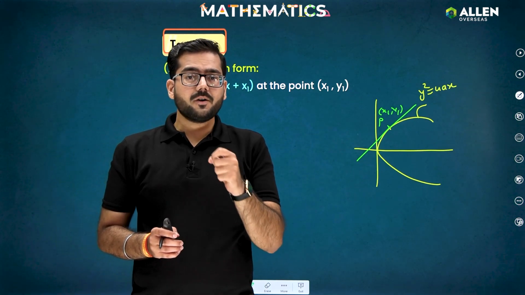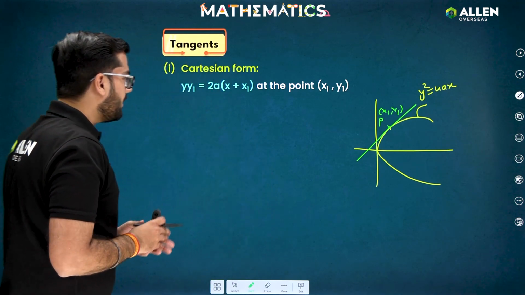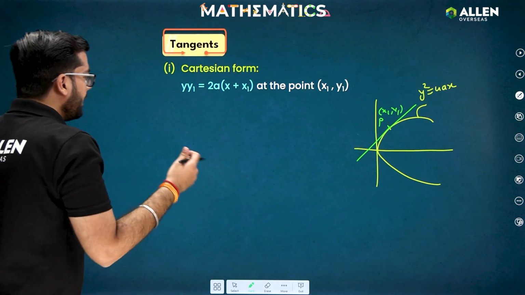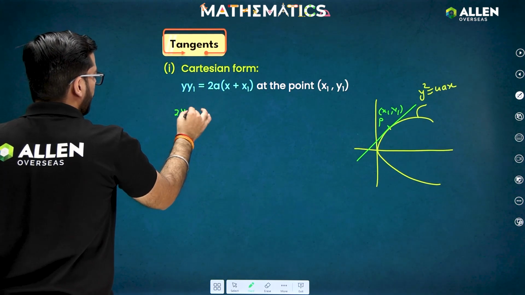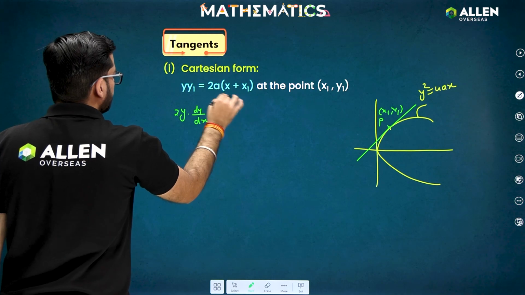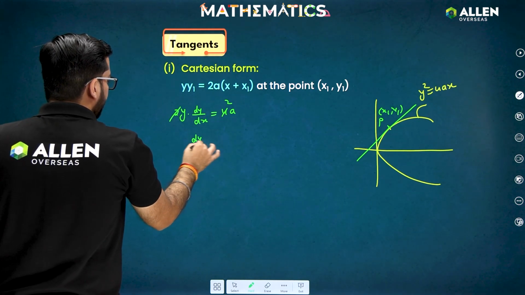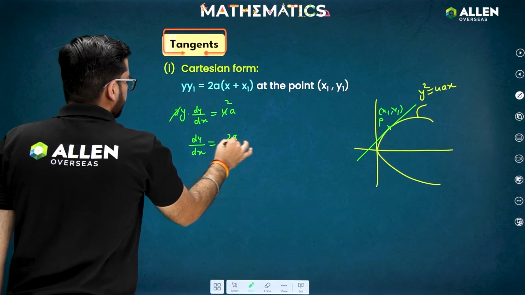So we need to do the work for the slope, and we can do it very easily because we have one concept, that is y square is equal to 4ax. So we can simply do the differentiation of this one. Then I will get 2y dy by dx is equal to 4a. After cancellation, you will get dy by dx, which is equal to 2a upon y.